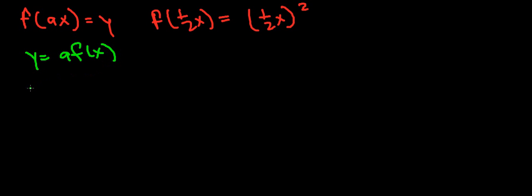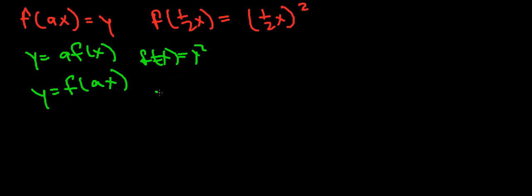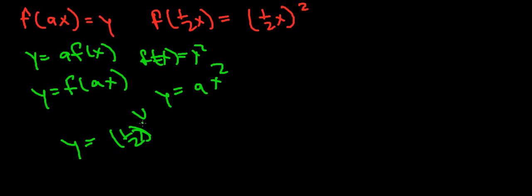In this case, we have y is equal to some function of x, where the x is being multiplied by something. So if f of x is equal to x squared, that means, for vertical stretching, y is equal to a times x squared. And in this case, where we have horizontal, y is equal to 1/2 x.